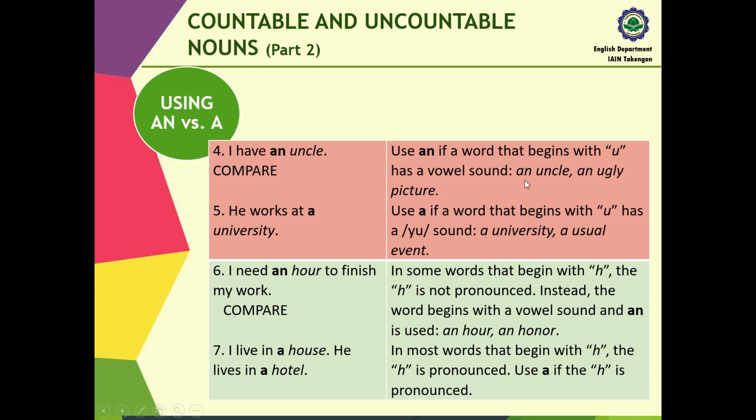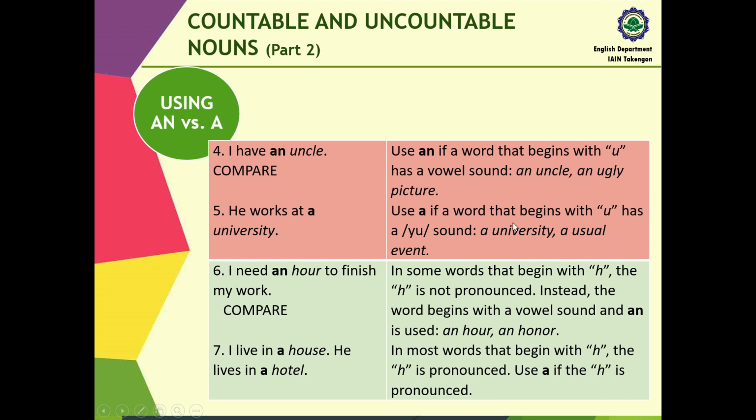So we use an in this word, an uncle. Also ugly. The sound it produces is a vowel, so we use an here, an ugly picture. That's why in this sentence we use an uncle.